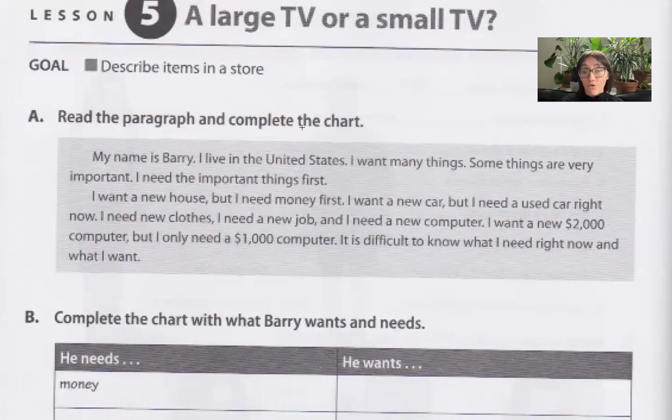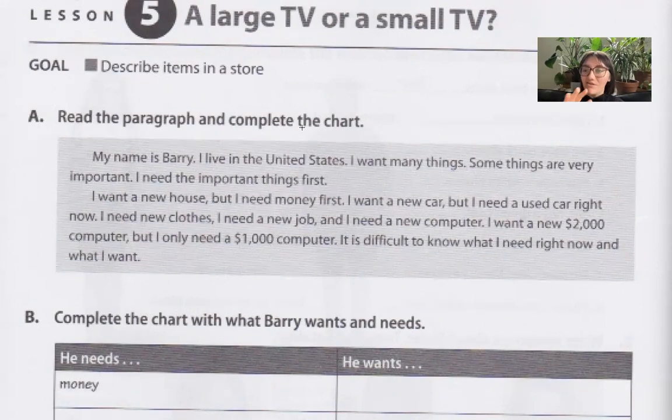I want a new car, but I need a used car right now. I need new clothes. I need a new job, and I need a computer. I want a new $2,000 computer, but I only need a $1,000 computer. It is difficult to know what I need right now and what I want.